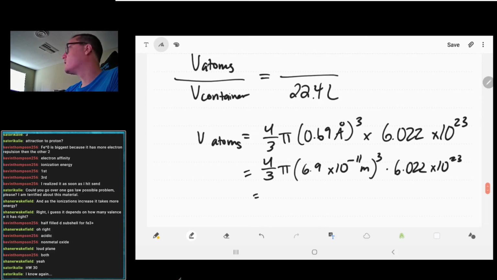Doing this, let's see, 4/3 times pi times 6.9 times 10 to the negative 11, cubed, multiplied by Avogadro's number.